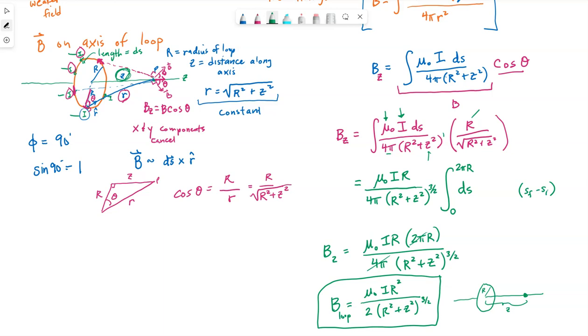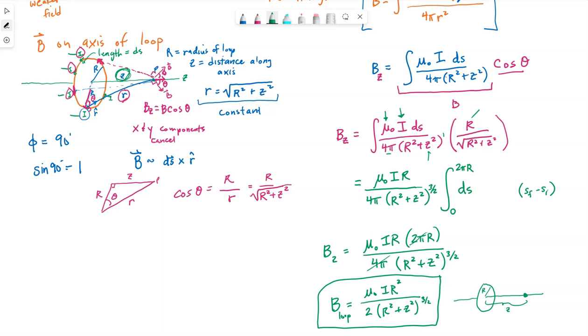So this loop doesn't have a net charge. We talked about a loop with the electric field where the loop had to have a net charge, and then we could find the electric field. Here, the magnetic field is only created if there is a flow of charge. So current, the charges must be moving around that wire in order to create this magnetic field.